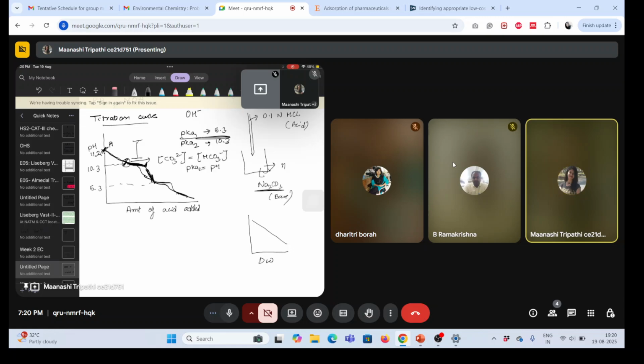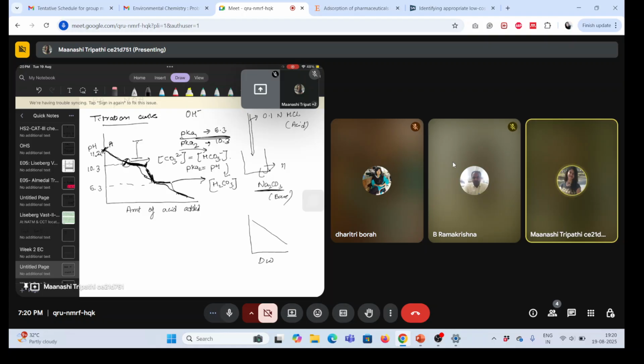So the carbonate system moved to bicarbonate. Now bicarbonate will move to carbonic acid. At this point, bicarbonate will be equal to carbonic acid. So here also we will reach a plateau.